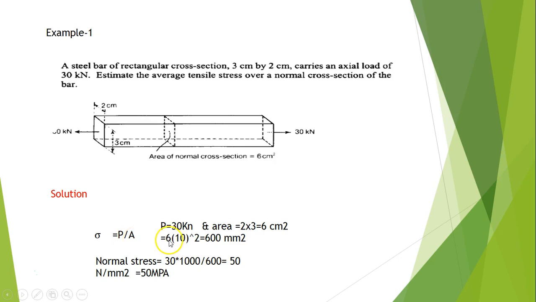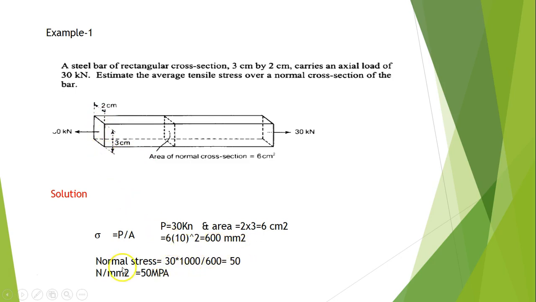We are saying the force is 30 multiplied by 1000 to convert it into Newton, because it is 30 kilonewton, divided by the 2 by 3. But this is in centimeter, so we make it millimeter: this becomes 20 and this is 30, so the area is 600 millimeter square.